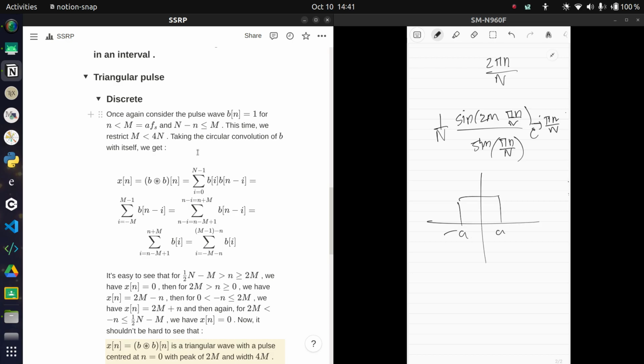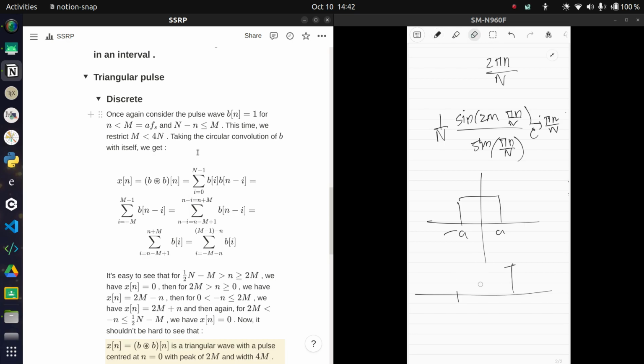When you're starting the convolution, the first index is minus 2a. So the only overlap you want is minus a and minus a. That's the only way you can form minus 2a from two terms.